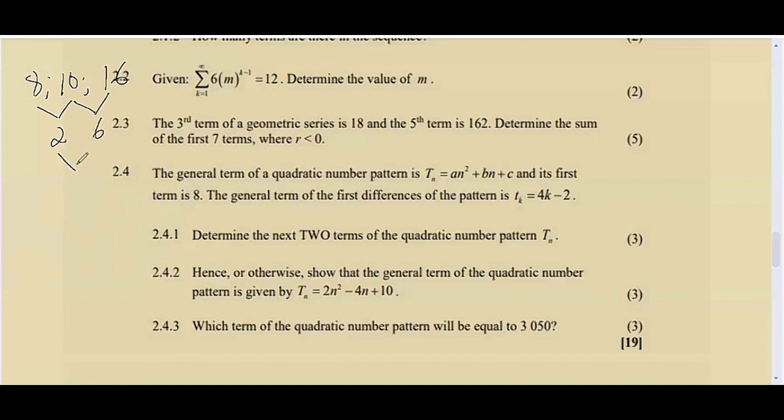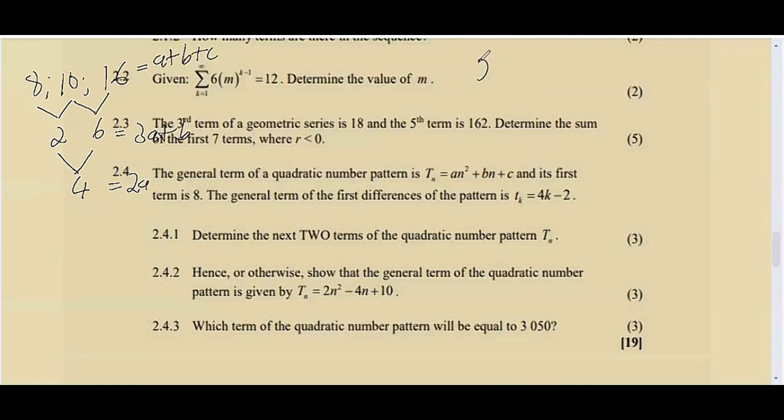Now if we look for the second difference, 6 minus 2 is equal to 4. Now we have the second difference, the first difference, and the term. We know that this one must be equated to 2a, this one to 3a plus b, and here to a plus b plus c, right, in order to find this.